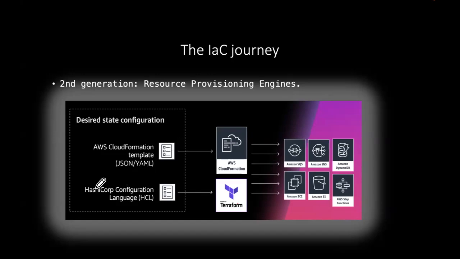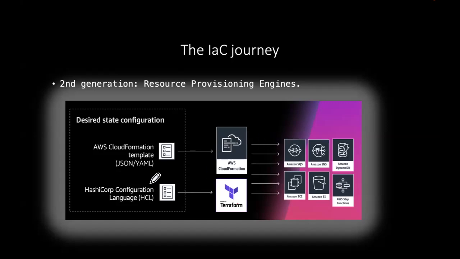But what HashiCorp did is they allowed us to write a template, and we could state on the template which cloud provider we want to use this template with, and a framework called Terraform took your HashiCorp template, written in a language called HCL, and generated the YAML that was appropriate for the particular resource provisioning engine, let's say CloudFormation, and then the rest took it from there.